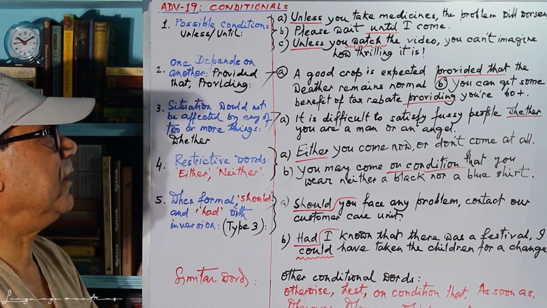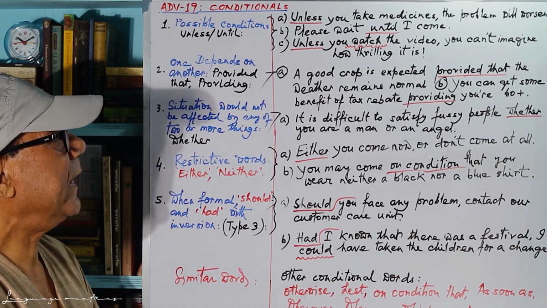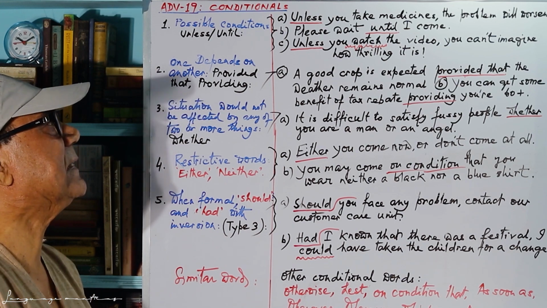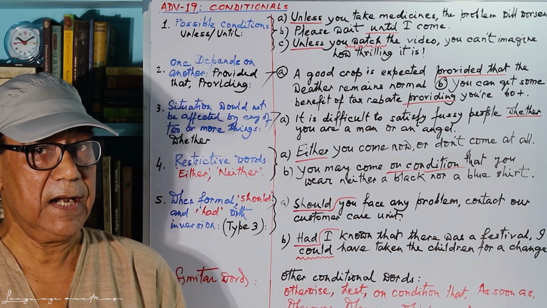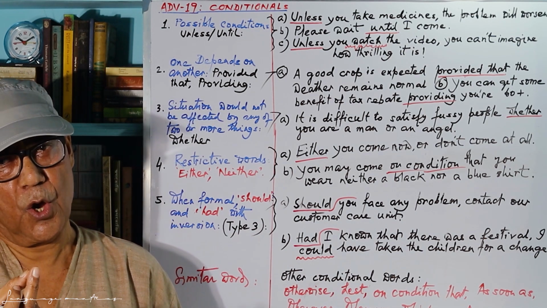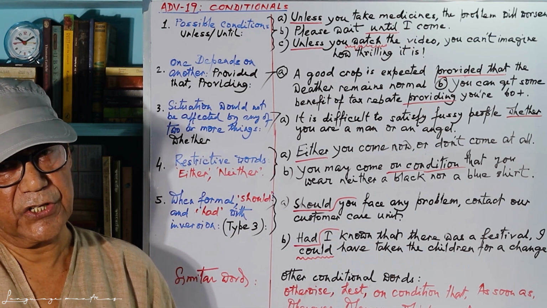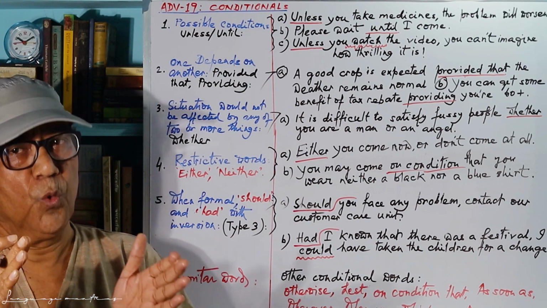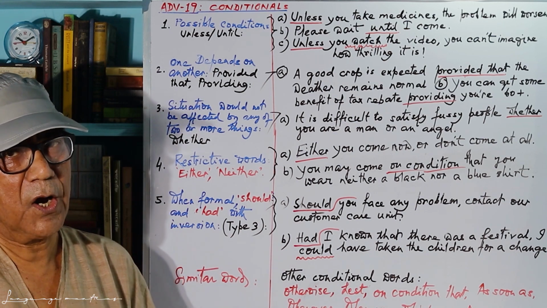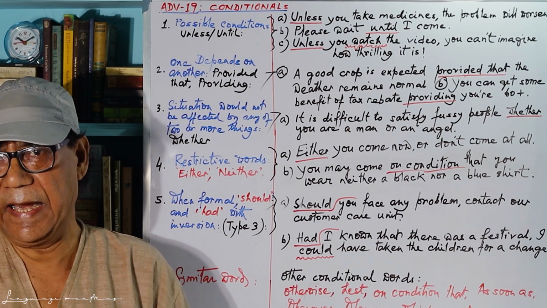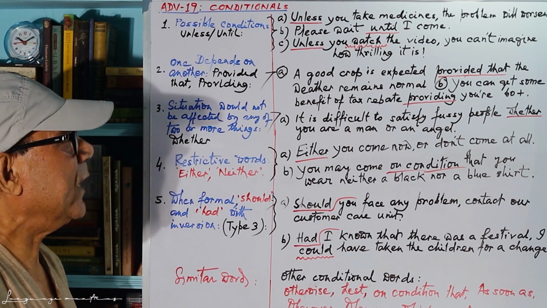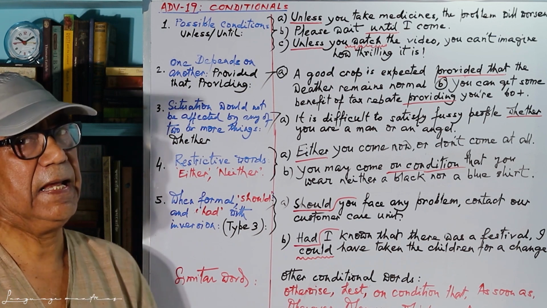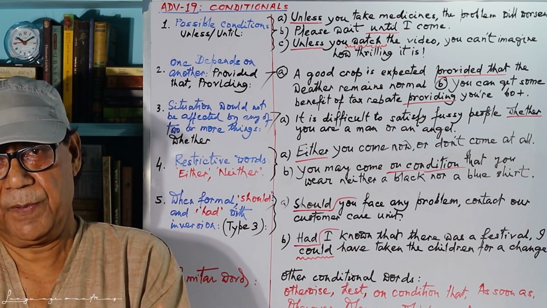Unless you watch the video, you cannot imagine how thrilling it is. Unless is the word introducing the condition. So you must watch the video if you want to understand how thrilling it can be. Both sides are in the simple present tense.